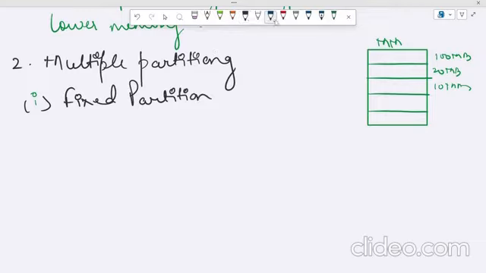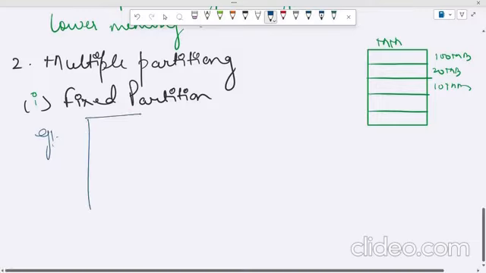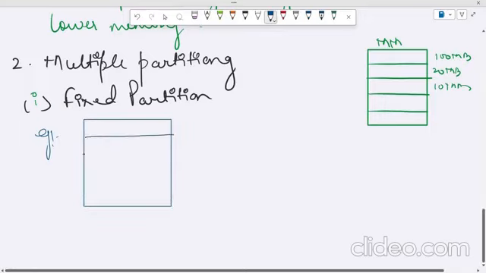What happens in the fixed one? The main memory is divided into several fixed-size partitions. With the help of an example, let's understand. This is a main memory divided into fixed partitions.